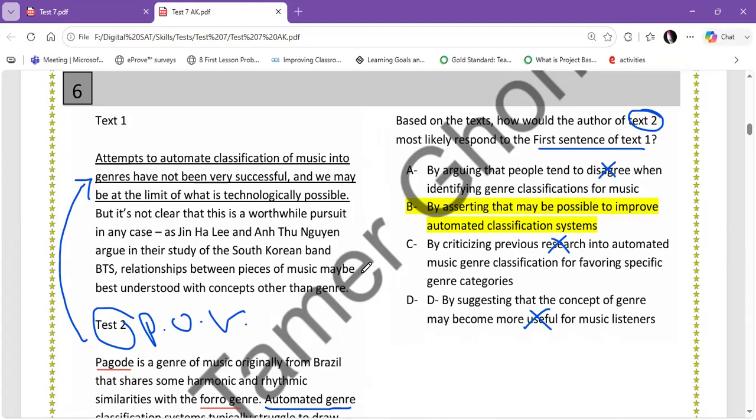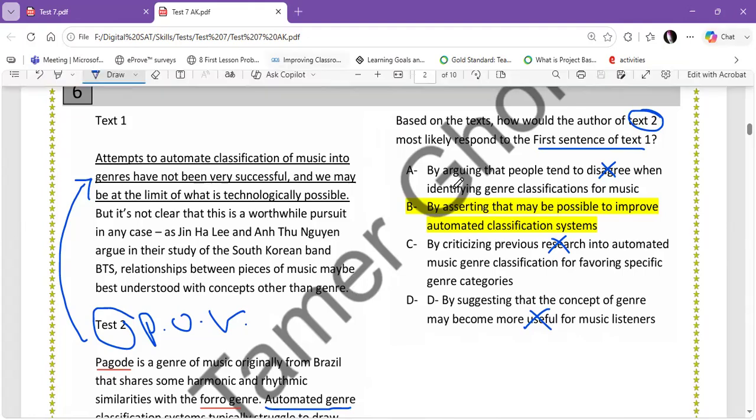We didn't talk about the people. By asserting that it may be possible to improve automated classification systems, yes, it says Yandri solved the problem. By criticizing previous research into automated music genre classification for favoring specific genre categories, we didn't talk about favoring anything, and we didn't criticize the previous research. By suggesting that the concept of genre may become more useful for music listeners, we didn't talk about the music listener. So the answer is B, as all of you mentioned.